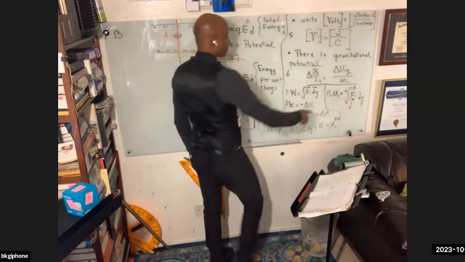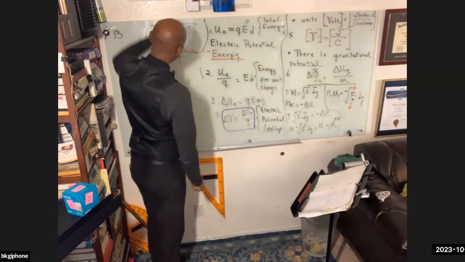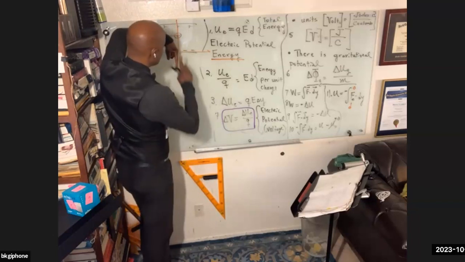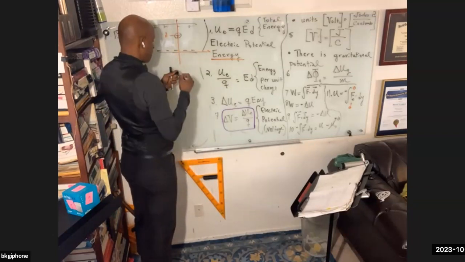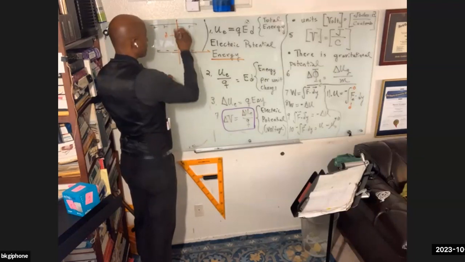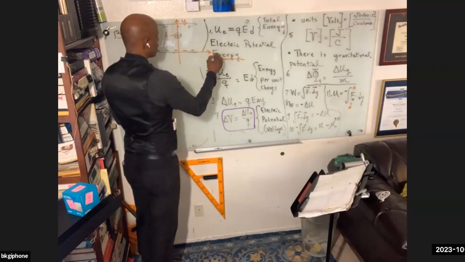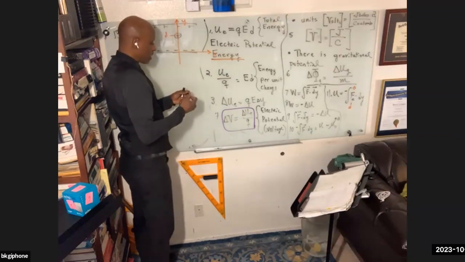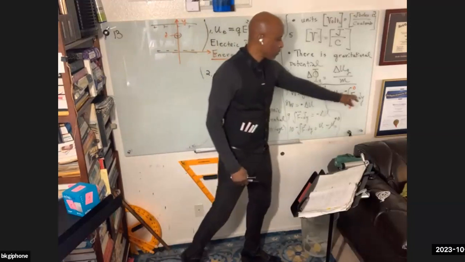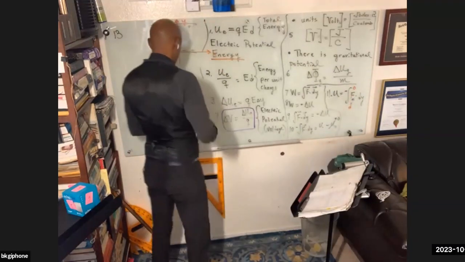Now let's work out the integral. First, I have to do the dot product. Now F is pointing down, but dy, because I make my positive y-axis up, basically dy is pointing up. This is y and this is x. So the angle between them is 180 degrees. So when I do that dot product, F dot dy is cosine 180 degrees, it kicks out another minus sign.